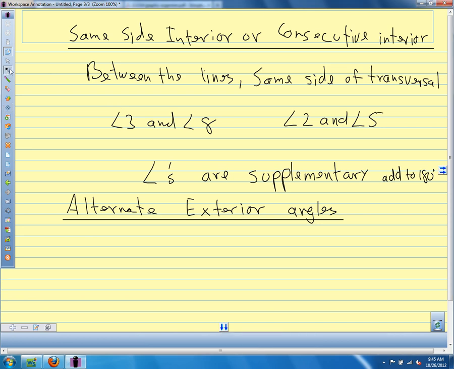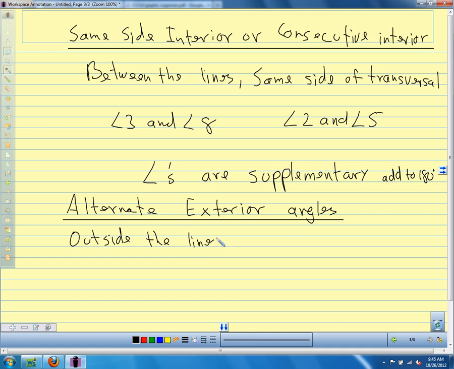So what we're talking about here, exterior means we're outside now, outside of the parallel lines. And alternate means opposite sides of the transversal.